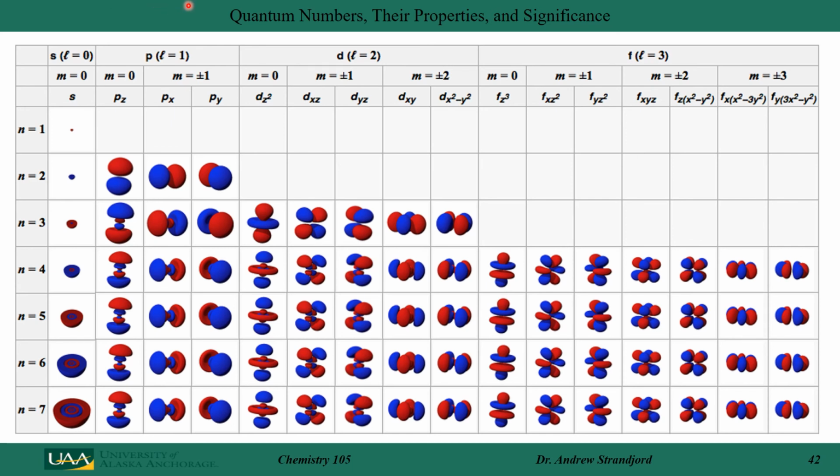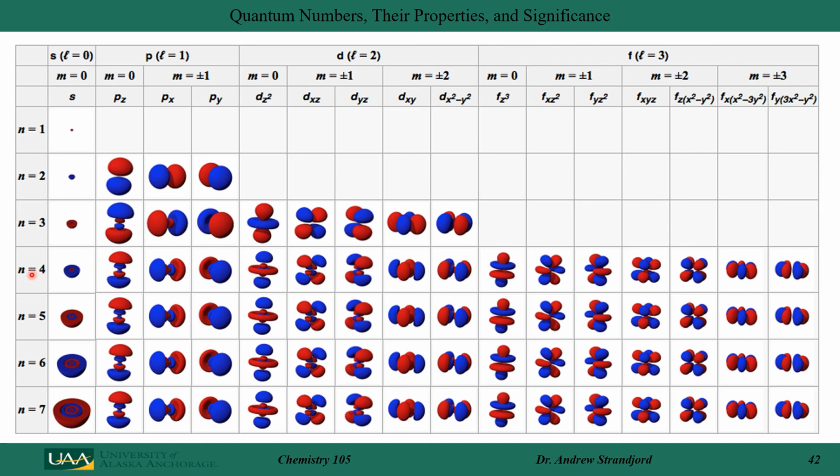So let's look at all the quantum numbers and all the orbital shapes put into one big table here. Notice that for each shell, each principal quantum number, I have an s-shaped orbital. Once I get down to quantum shell number 2, I have both s and p orbitals. If I get down to quantum shell 3, I have s, p, and d.